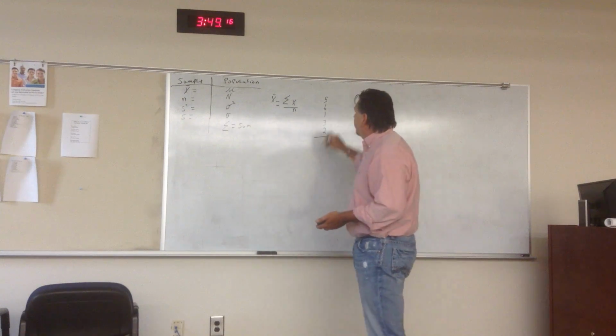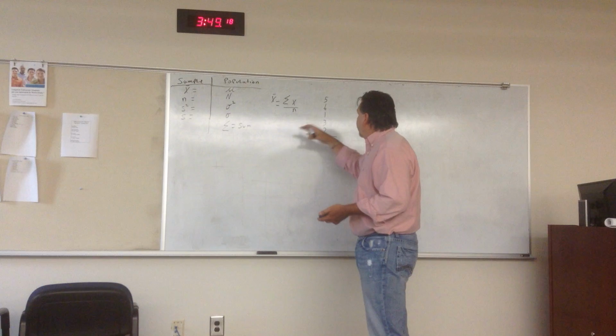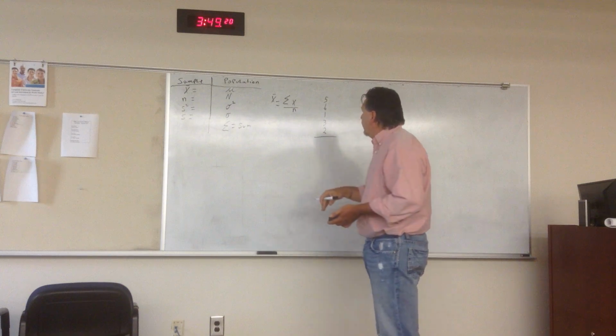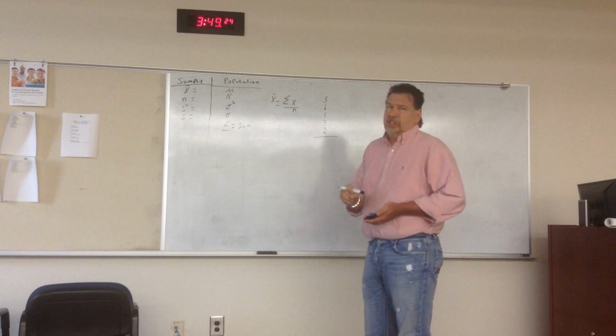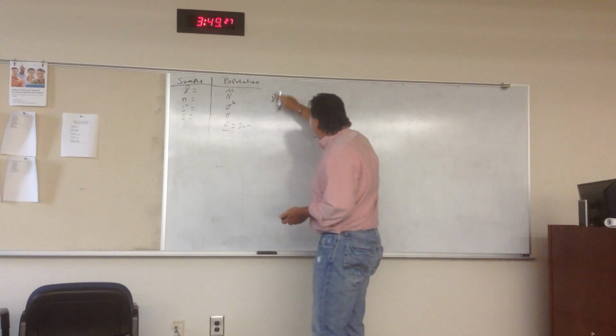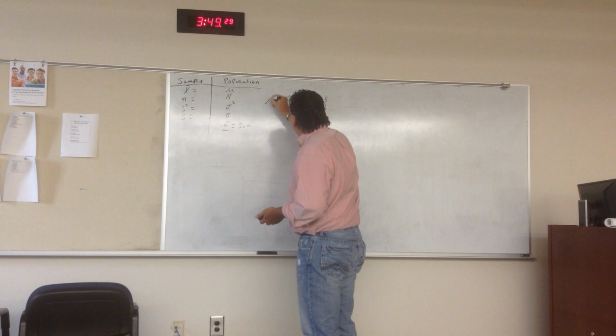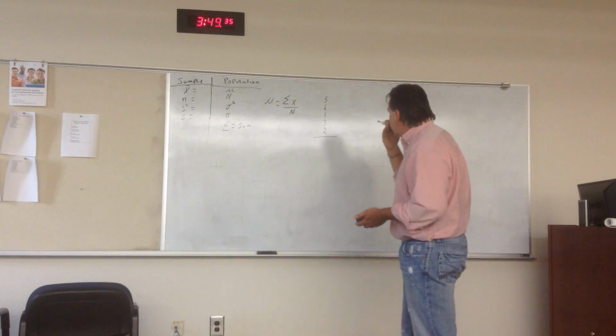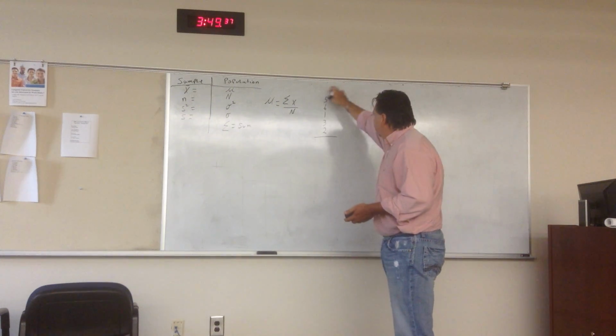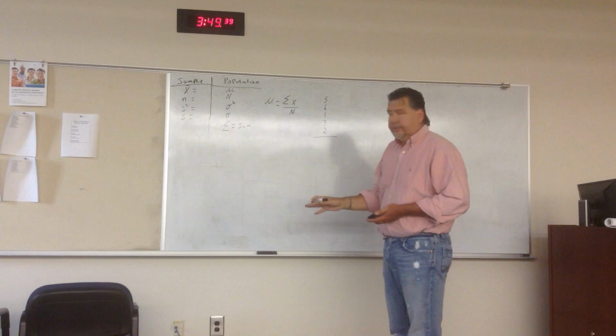So we've got a data set, and we'll treat this as population data. So we're going to change this to mu, and we're going to change this to uppercase N. Now I'm going to be dealing with this entire population of data.